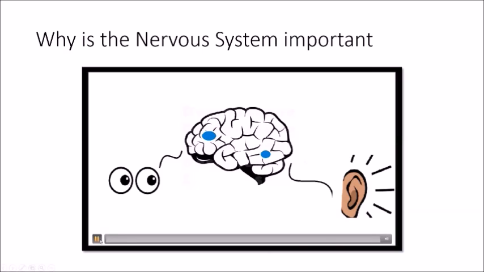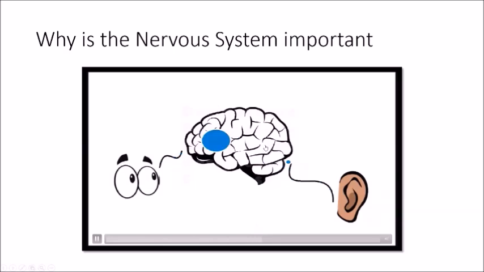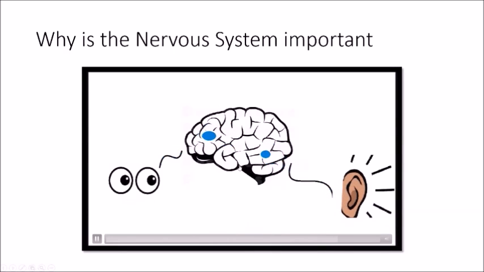So I'll play this video one more time. Here you have the nerve impulses traveling to the brain. They're both going to different regions of the brain, and the brain is going to interpret or process this information. Remember, this is one of the things that the brain does.